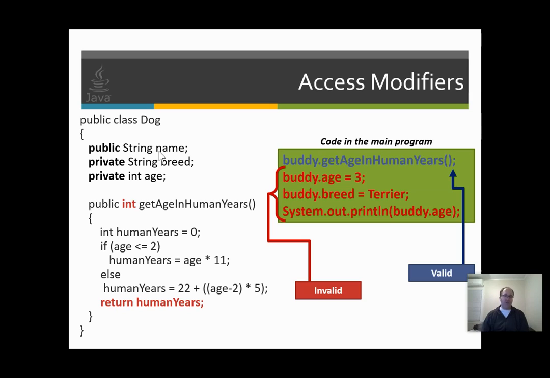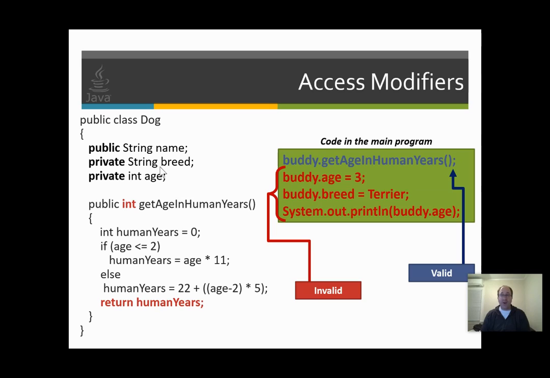So later on, we could train the dog to respond to Fido. We could do that. But is it possible in the middle to change the dog's breed? No, it's not. The breed got assigned when the dog object was created. I don't want anyone to have access to the breed variable.